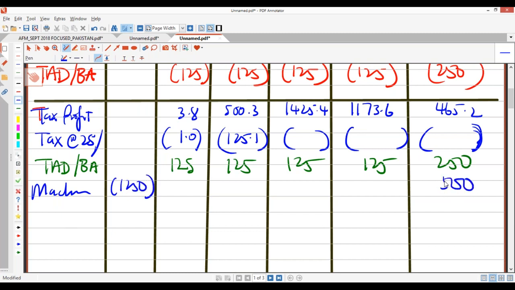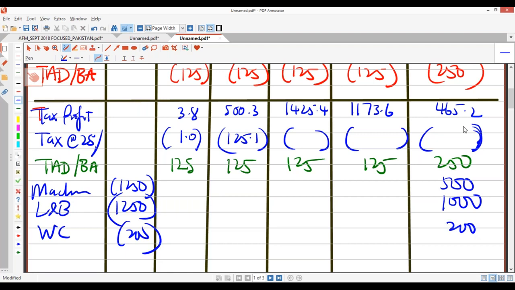Somewhere they're saying you're going to get a scrap of 500, and you got land and building, which is 1250, and somewhere they're telling that you're going to get 80%. That's going to be 1000, and working capital is going to be 200, and you're going to get back your money in full. That's an assumption that you need to make. Okay. All right.